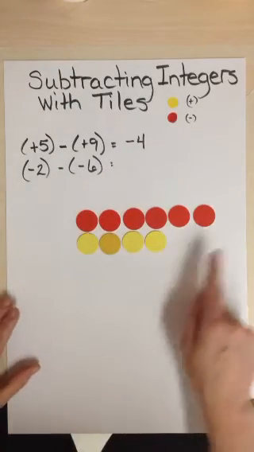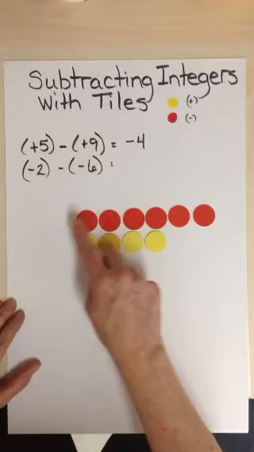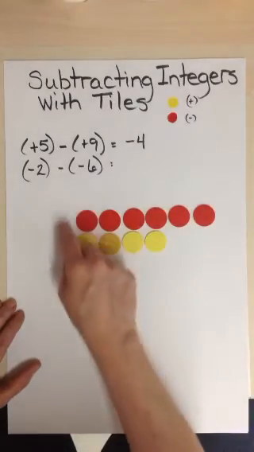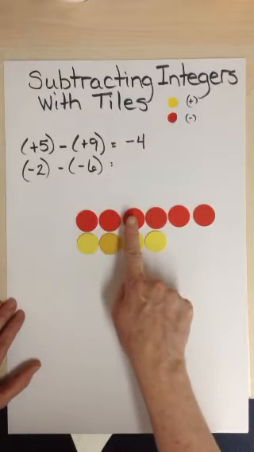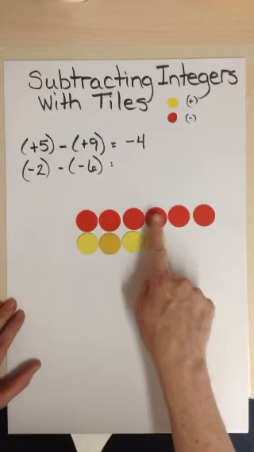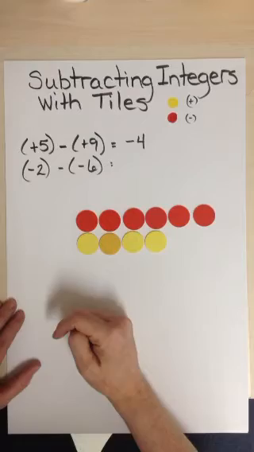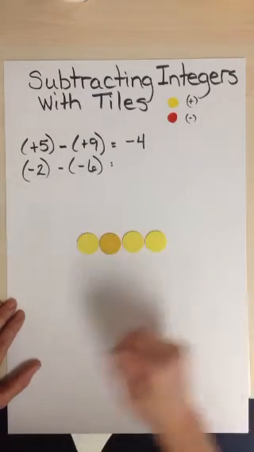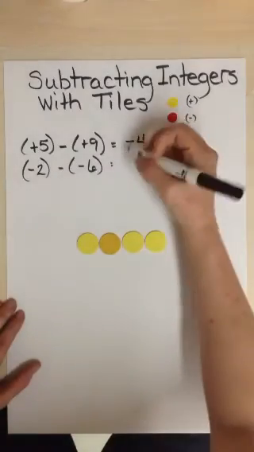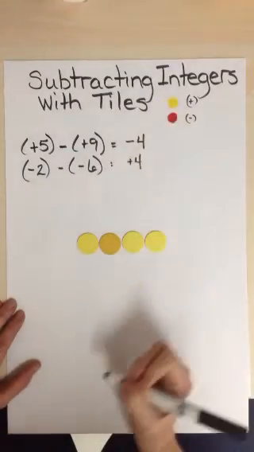Okay. So I have 1, 2, 3, 4, 5, 6 negatives. My whole model here represents negative 2 because zero pair, zero pair, zero pair, and zero pair really don't change the value. And so negative 2 subtract negative 6 equals positive 4.